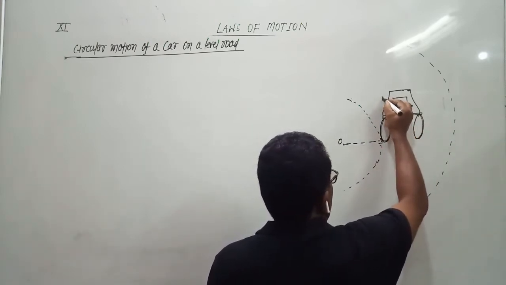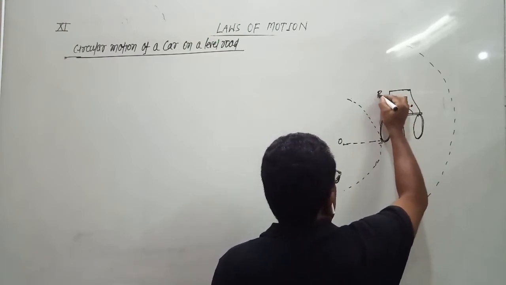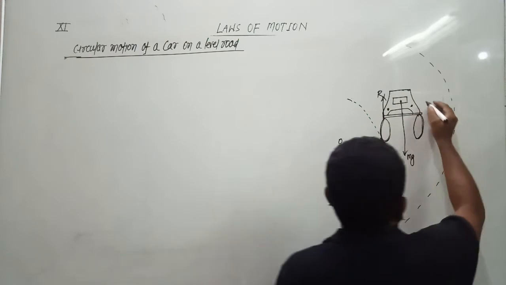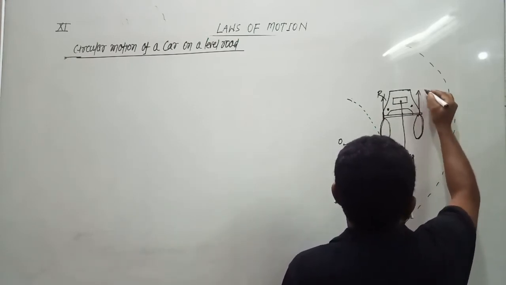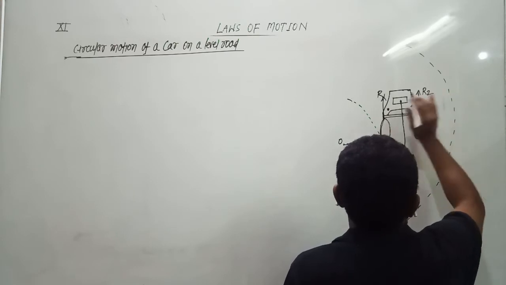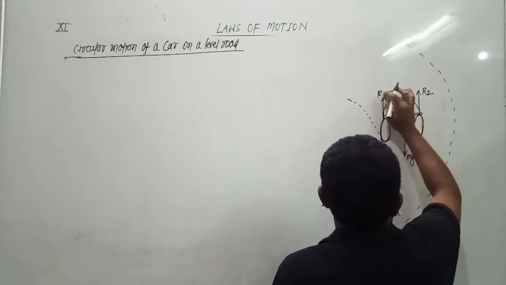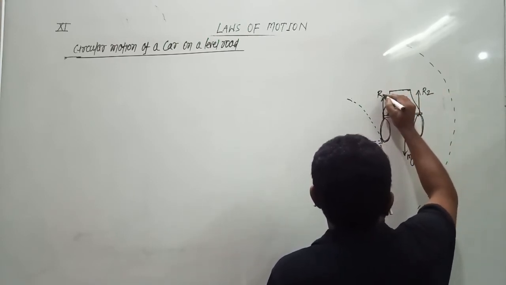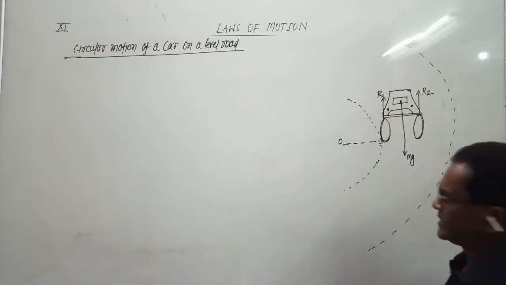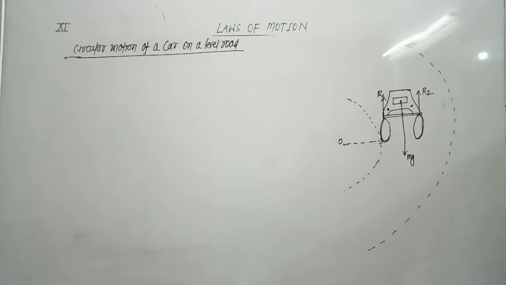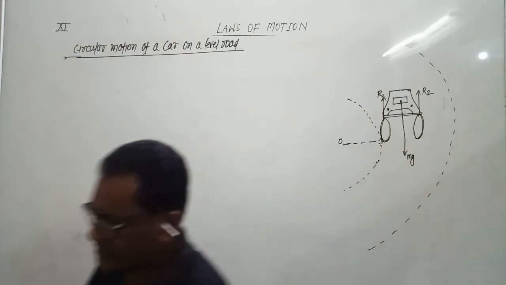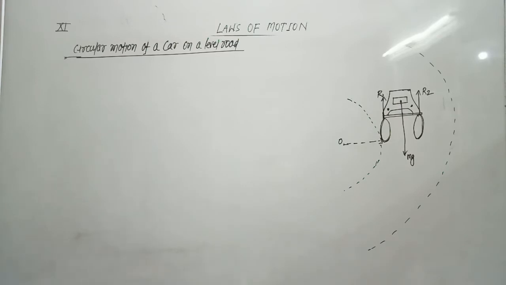Suppose the normal reactions are R1 and R2, acting on the wheels of the car in a direction opposite to the weight, opposite to mg.